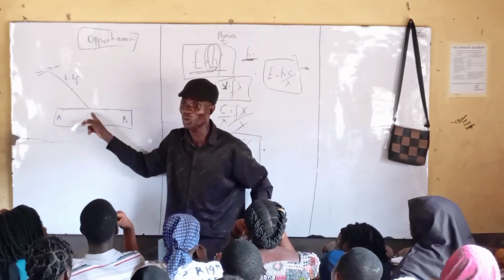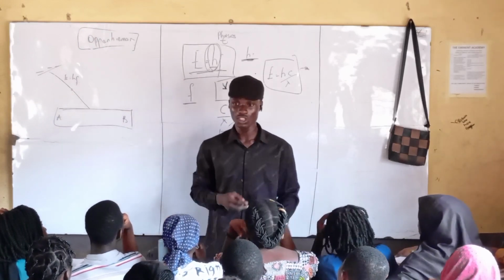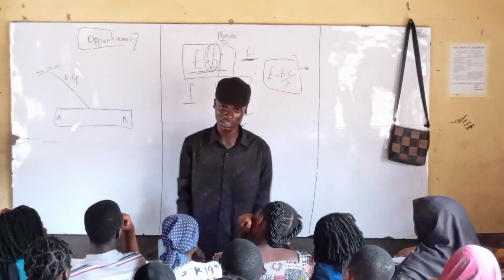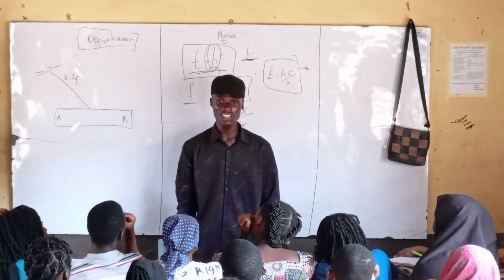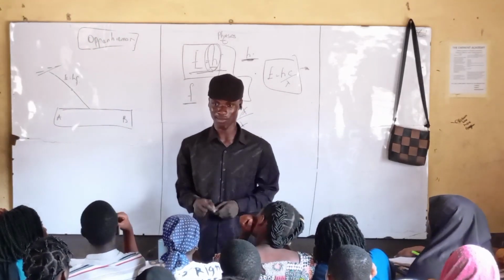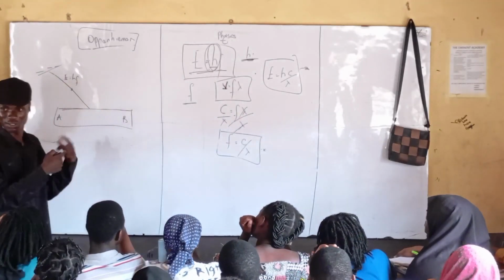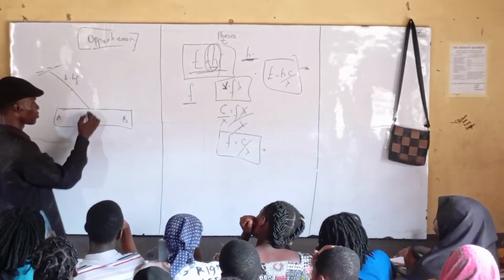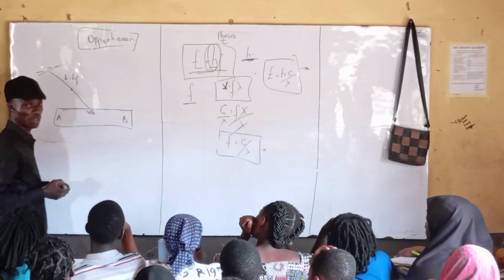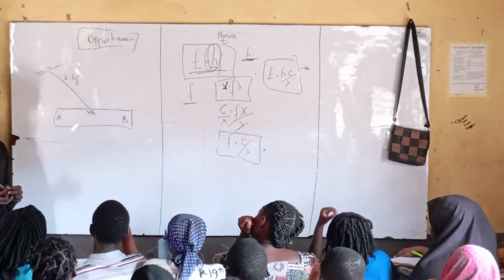Immediately this light touches this metal surface, there are two things it does. Number one, it takes the electron, like taking the transformer. Number two, the electron gets a jackpot. The energy used to eject the electron from this metal surface is the one we call the work function.